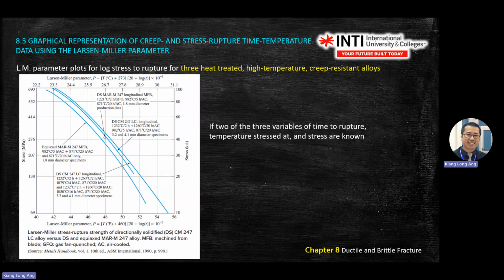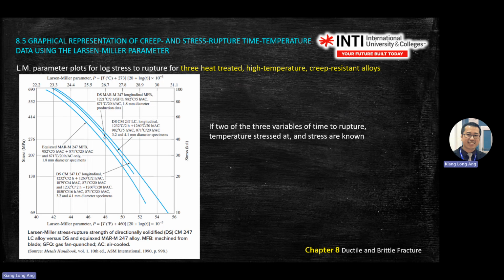So these are the graphs that we use to do the LM parameter. In fact, when you see this graph, you should be happy. Why? Because all the formulas are given on the graph. For example, on this graph you see Larson-Miller parameter P equals T something. There's a formula here. You just straight away pull this formula and use it.